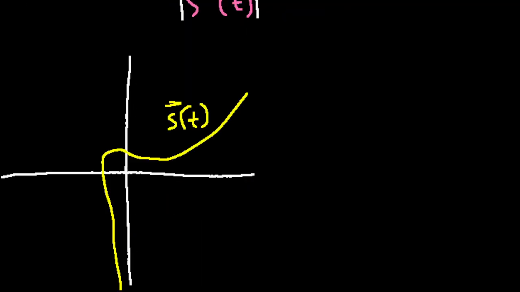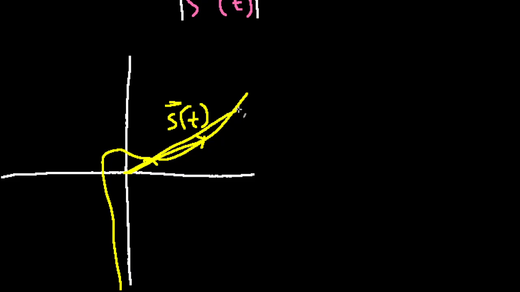Now, if you remember up here, this S of t is our position function. So if you imagine traveling along this curve, this function would then give you the position that you are at any given point on this curve. So, for example, let's say this is an arrow, a vector, and this is another vector pointing at this particular point.